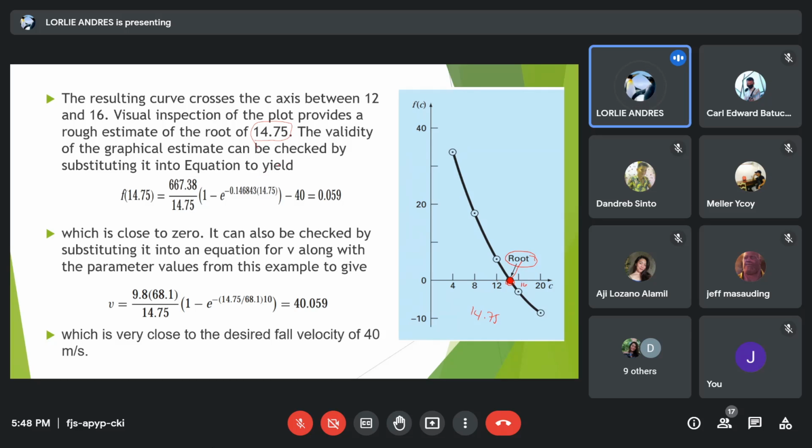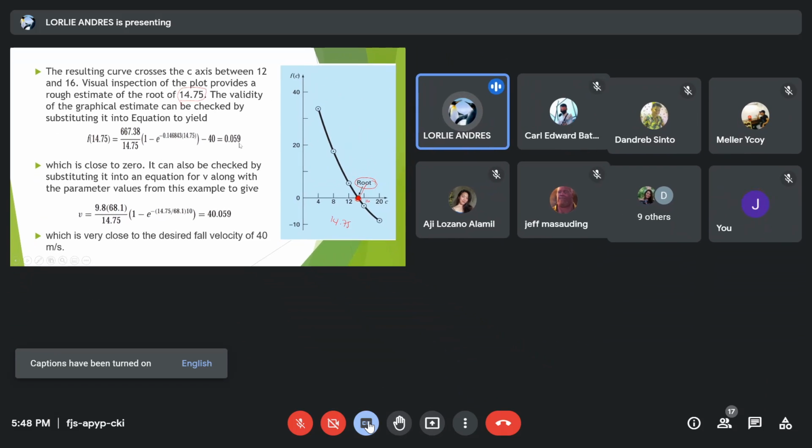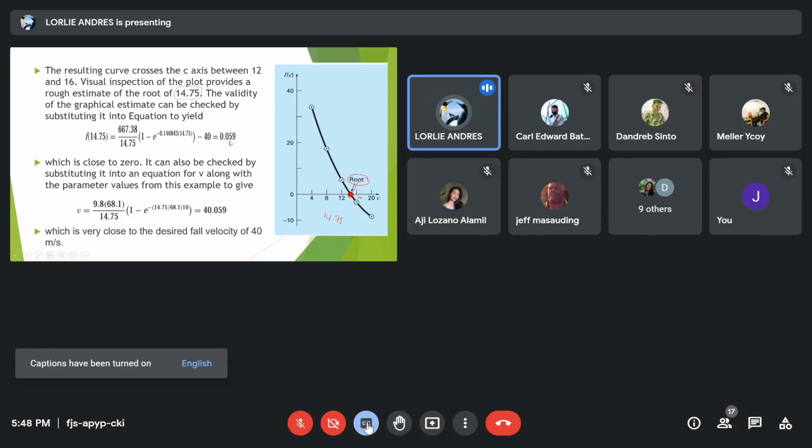Okay. Then, the validity of the graphical estimate can be checked. It can be checked by substituting it into the equation. So if you substitute 14.75 as your rough estimate, then it will give you 0.059. Meaning, its value is close to 0.